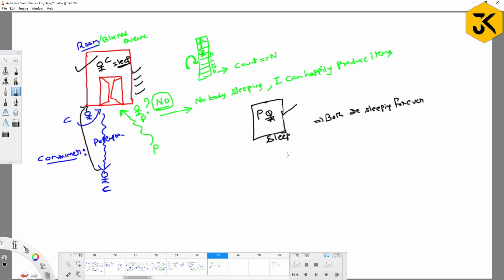And the producer is thinking that I will get the wake up call from the consumer after it consumes all the items from the buffer, so that I can wake up and produce. But both are sleeping because the initial wake up call we did is wasted. Which means both are going to sleep forever. This will lead to a deadlock, right?